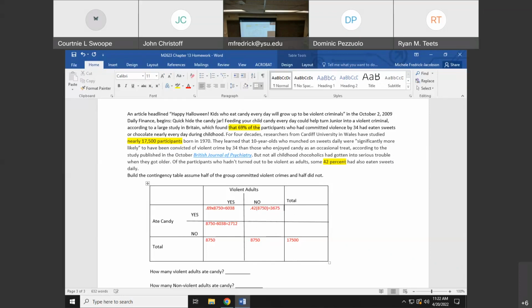So then we know the total adding across. For they didn't eat sweets and they didn't commit violent crime, are you getting 5075?